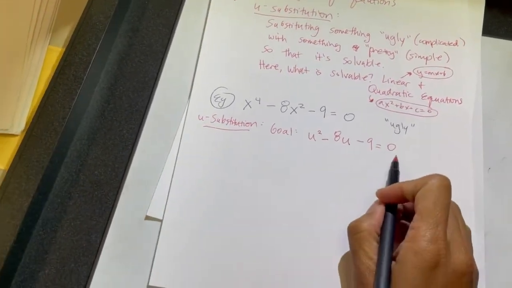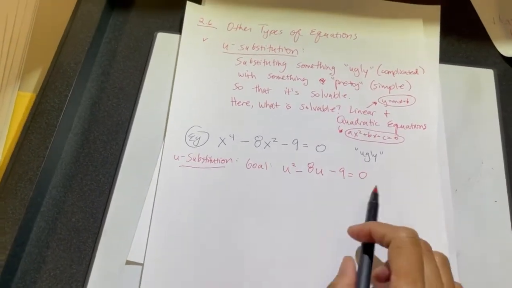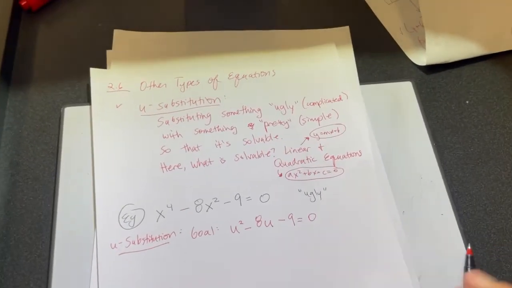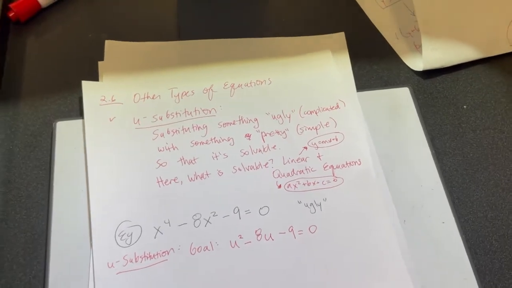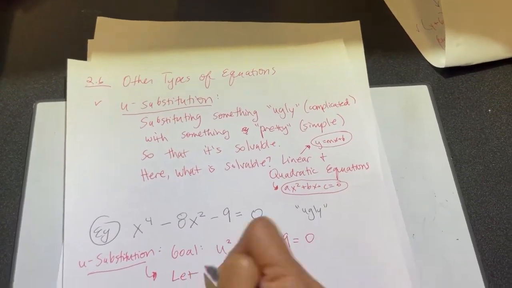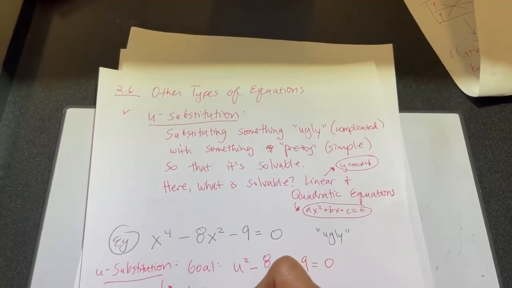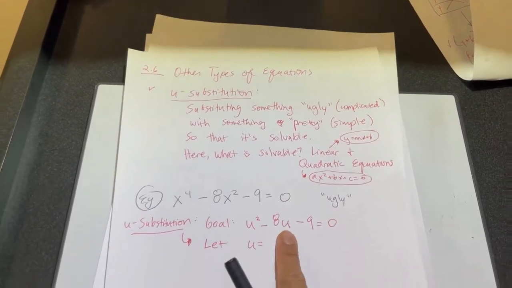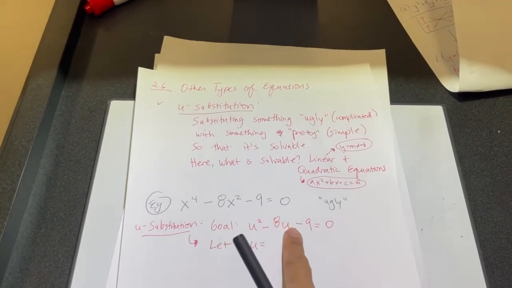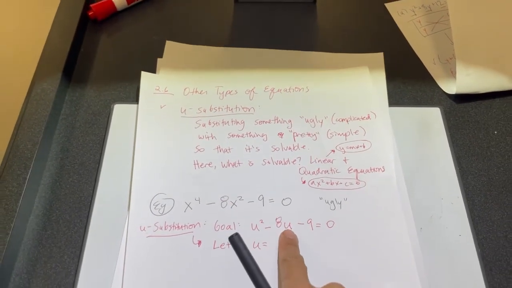So if I want this, how am I going to make this true? I'm going to do U-substitution. I'm going to say let u equal to, what does u have to equal in order to keep this the same? Let u equal to what?